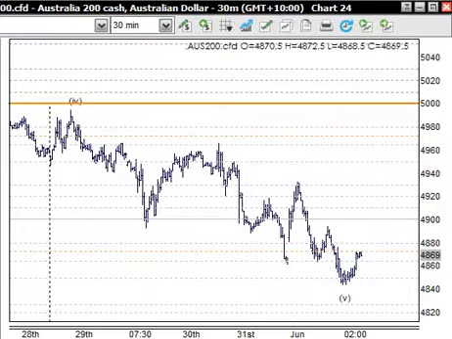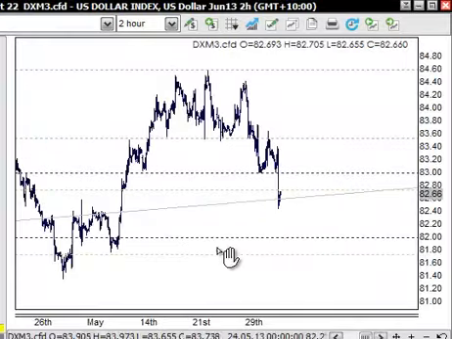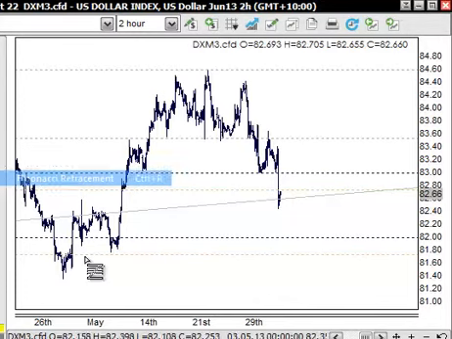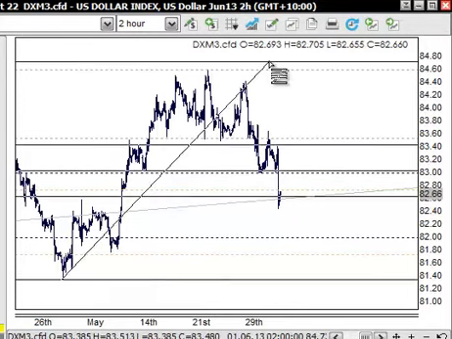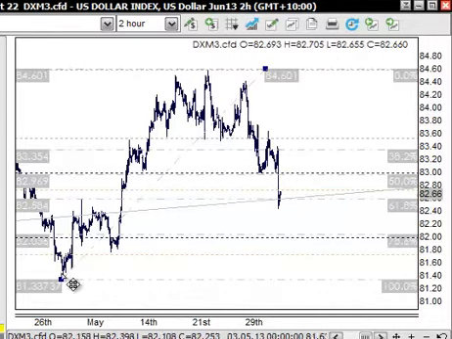Let's have a look at commodities. Okay, just starting with the US dollar through here, we're expecting a 61.8 retracement level, which has occurred from this trend up through here, coming back into the 61.8. So basically the 82.50 area through here.